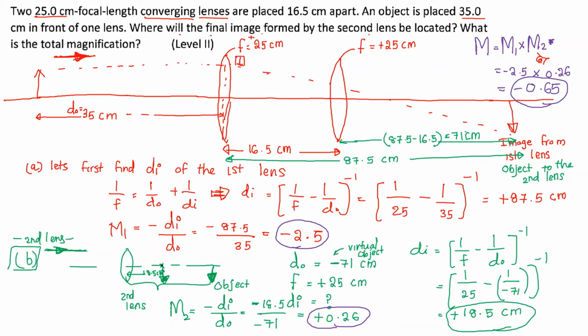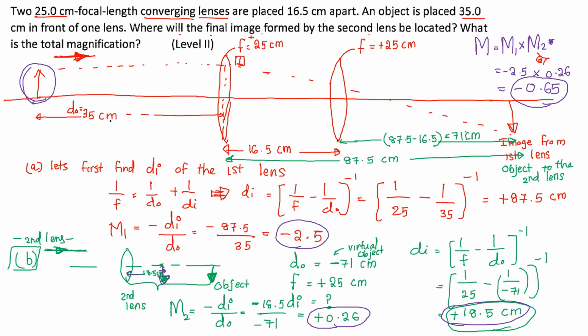So we knew it, right? We knew it was inverted. And we know it is 18.5 centimeters away from the second lens. And it is 0.65 times your original real object you had initially. So it is 0.65 of this original object.